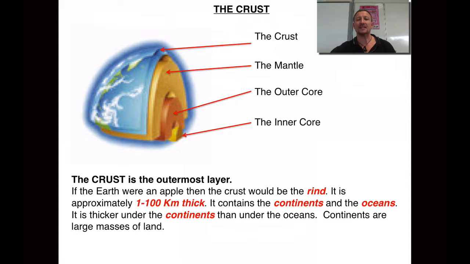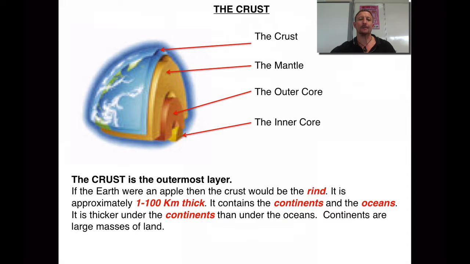This is identical to what the crust is like. The crust is a hard, solid layer, approximately 100 kilometers thick, although that varies depending on where you are on the planet, and we'll look at that a little later. Then you've got the pith, which basically is the mantle, and then if you take the core of the apple, which has got the seeds in it, that tough sort of layer, you've got the outer core and the inner core combined together.